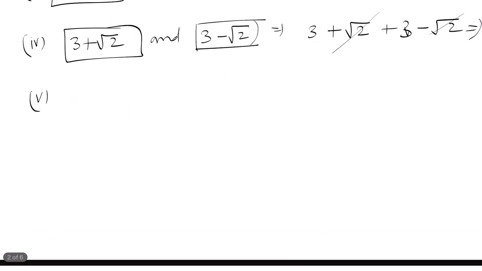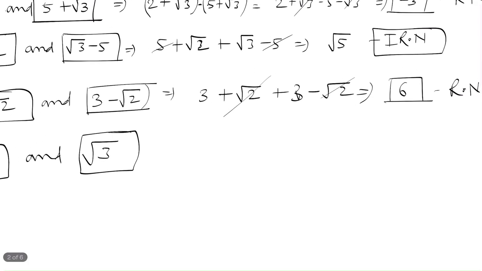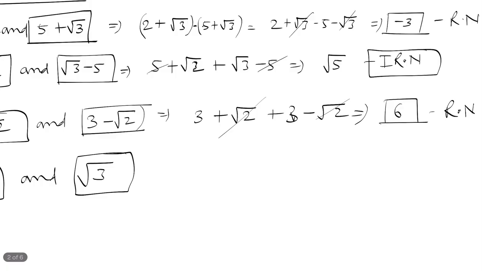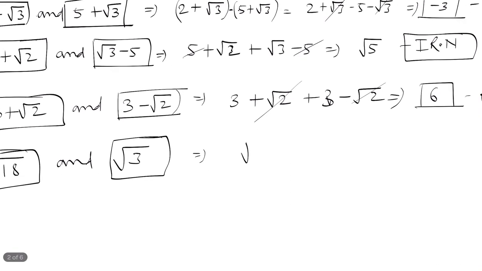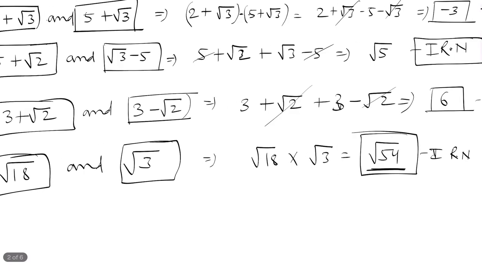Let's say one example is root 18, which is an irrational number, and root 3, which is also an irrational number. Okay, so now the product of root 18 and root 3 will be root 54. Okay, so this is an irrational number.